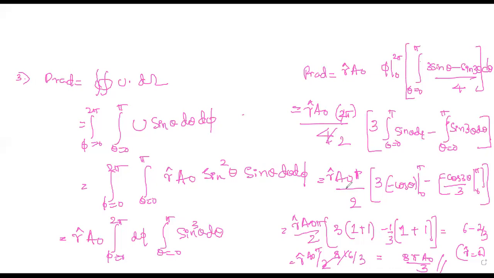How to find out the directivity here? What is the formula of directivity? So directivity is equal to 4 pi Um divided by power radiated.